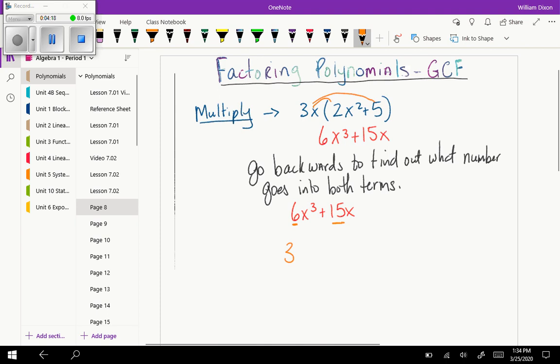It's going to be the variable with the lowest power. So I have an x to the third and an x. The lowest power is x raised to the 1 power.